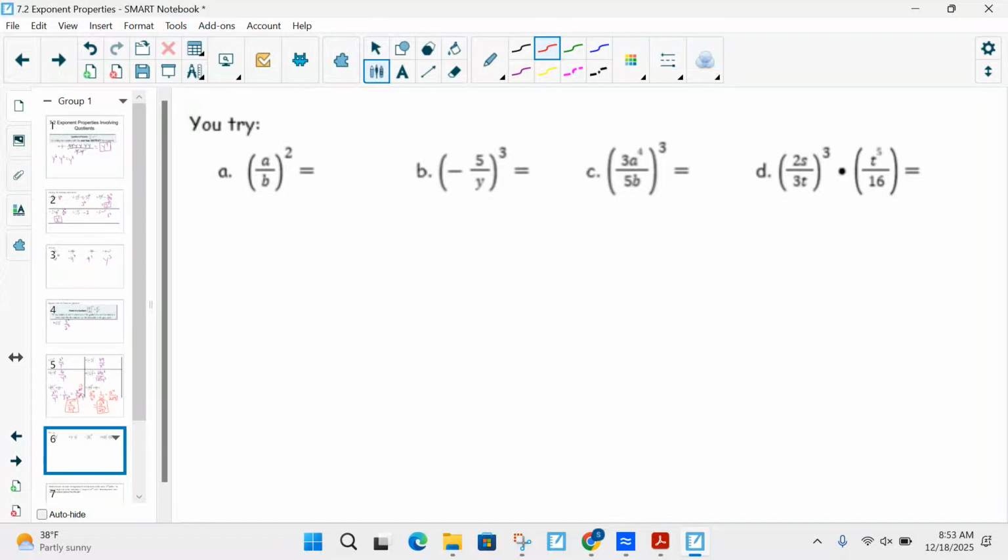So Joey, what did you get for A? Good job. And then B, what'd you get for B? Grant. Negative 5 to the power 3 over 5 to the power 3. Yeah, I'm gonna go ahead and say that that's 125 though, because I know 5 cubed is 125.